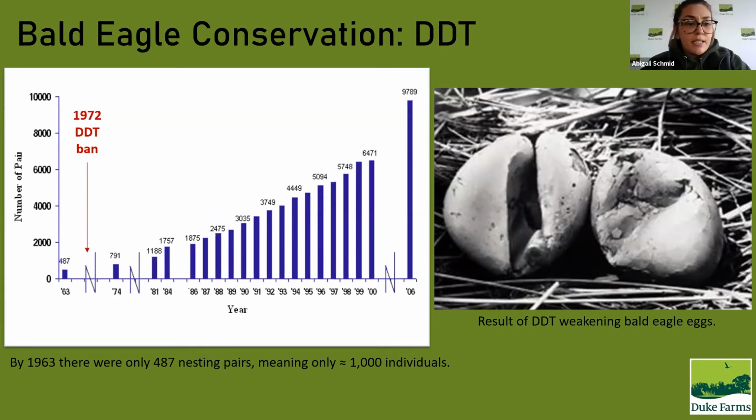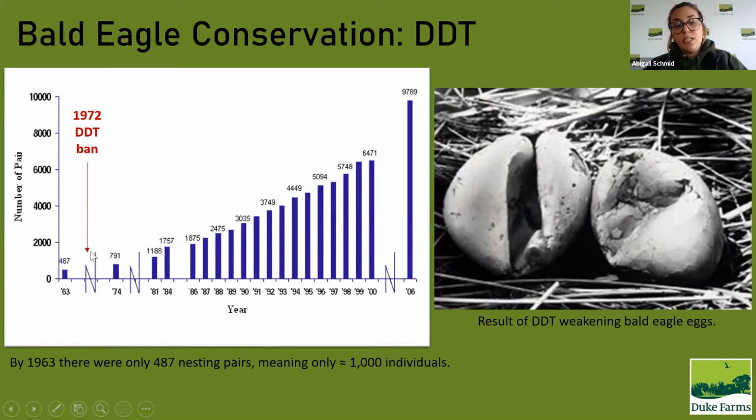So by 1963, there were only 487 nesting pairs, meaning that there were only about 1,000 individual bald eagles, okay? It's not that long ago, right? We're only in 2021, right? So it's really not that long ago. 487 nesting pairs we see here.